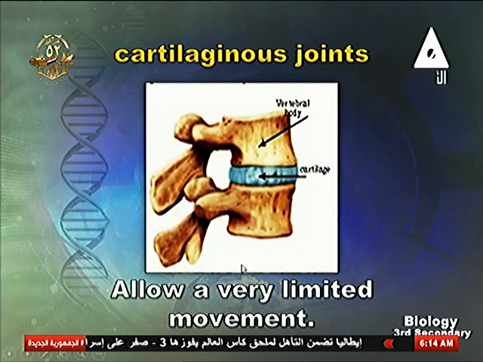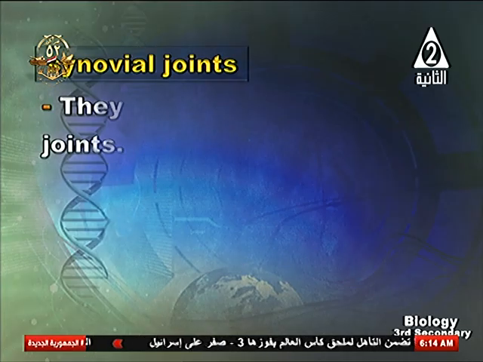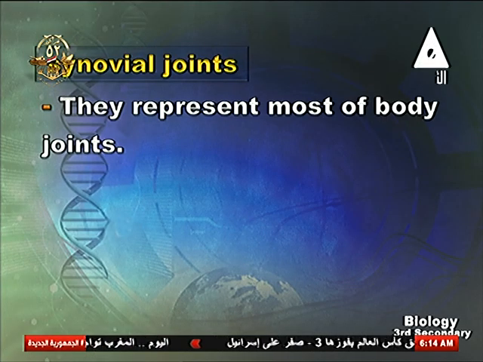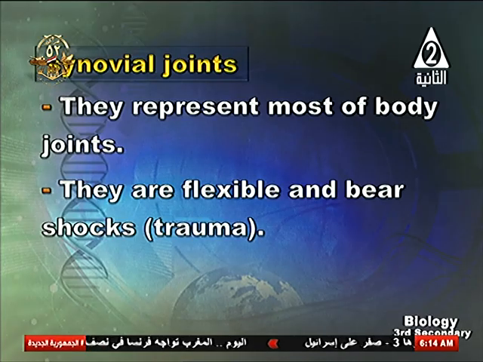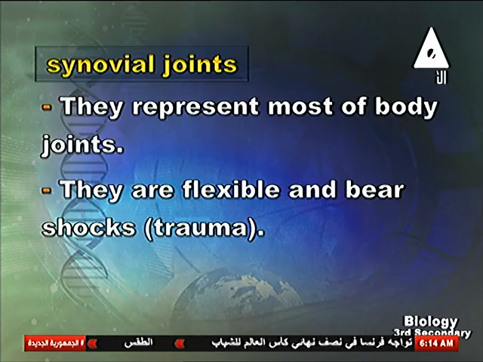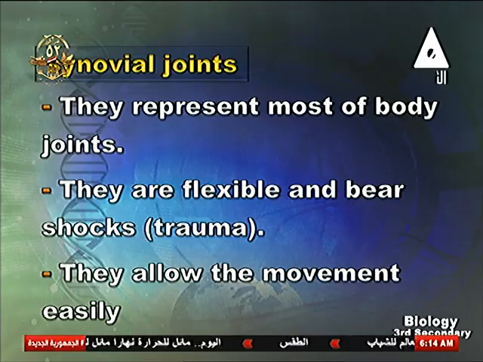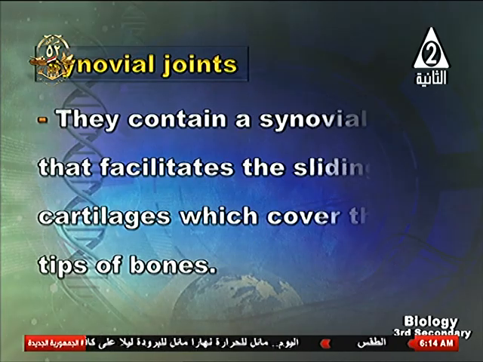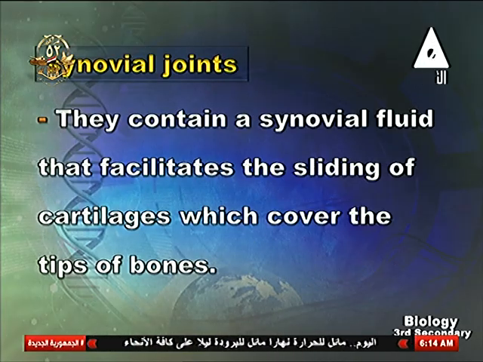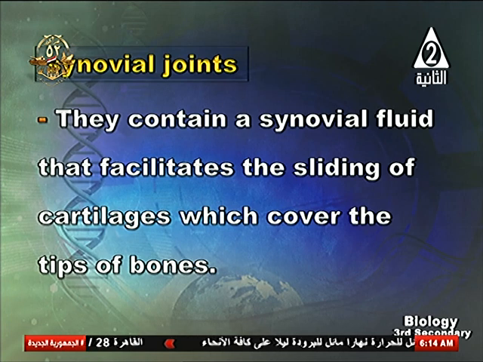The most common joints are synovial joints. They represent most of the body's joints. They are flexible and bear shocks, meaning trauma, okay? They allow movement easily because the bones in contact at these joints are covered with a delicate layer.